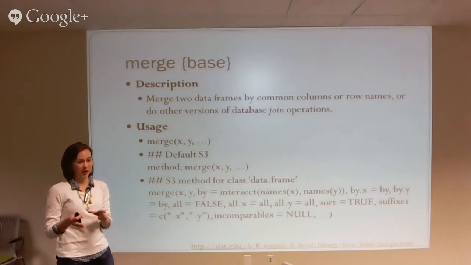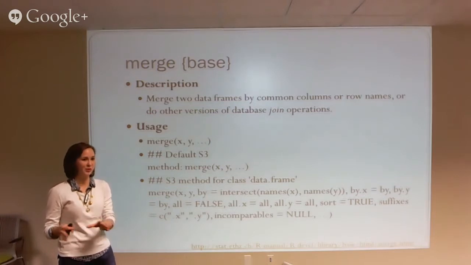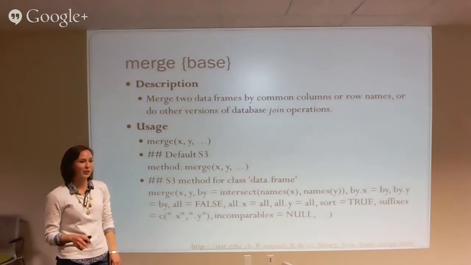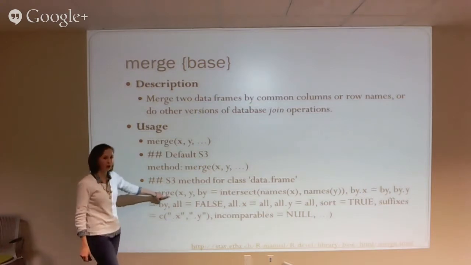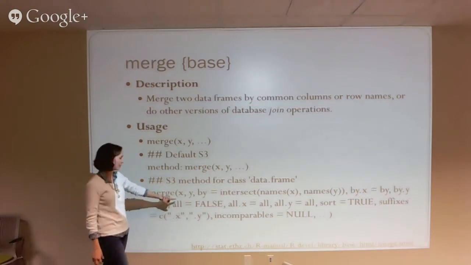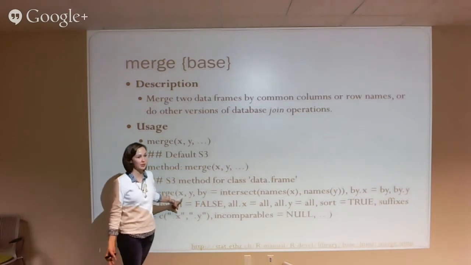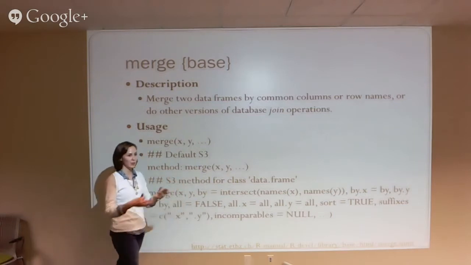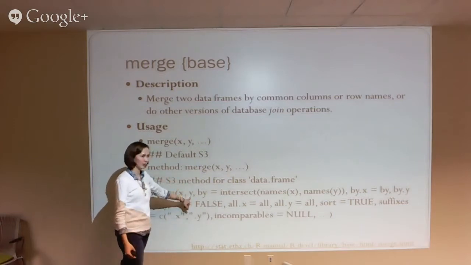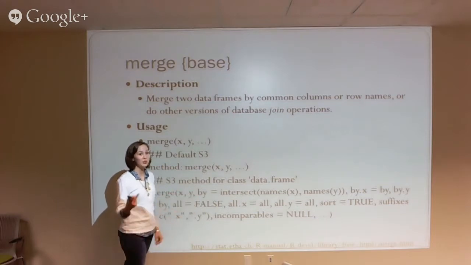You're asking about which one is x and y, or where is what. So I'm going to go over that by just explaining this in brief. So with merge, you're following merge by whatever the names of your data sets are. So if you have some extravagant name for your data set, maybe it's testing session 1, that's going to go there. Then maybe testing session 2, that would go there. And then 2 data frames.